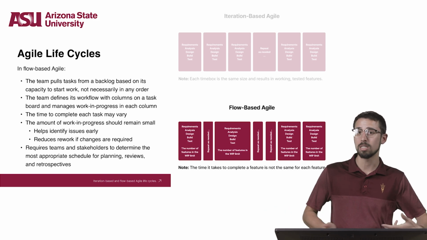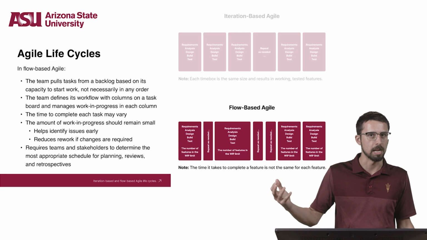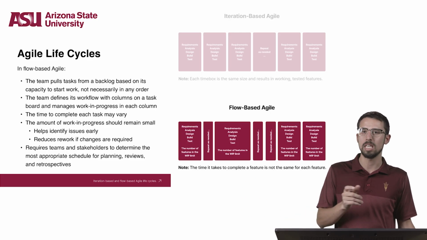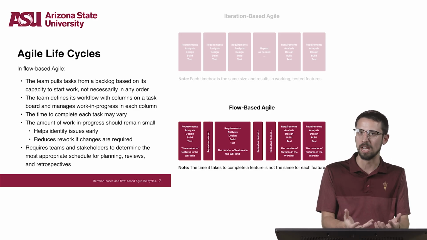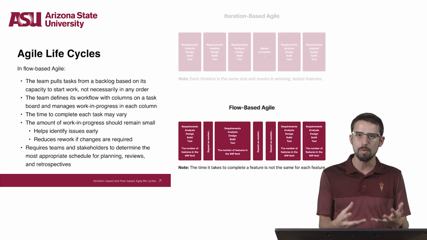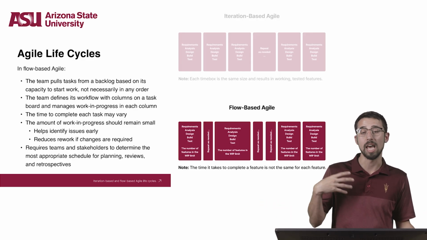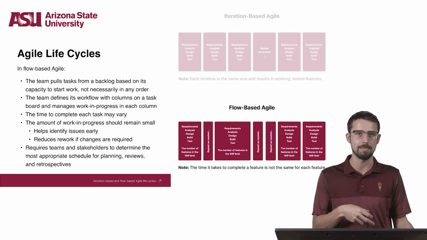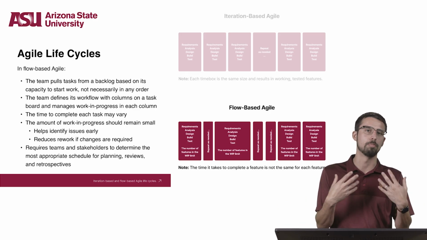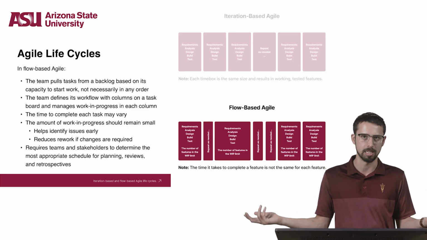Another way to look at this is actually it's a Kanban board. Each task may take a different amount of time to finish, and teams keep work in progress sizes much, much smaller to better identify issues early and reduce rework should changes be required. Without iterations to define planning and review points, the team and business stakeholders determine the most appropriate schedule for planning, product reviews, and retrospectives.